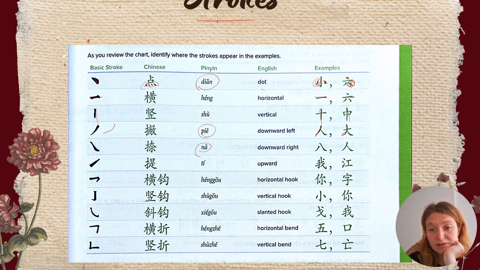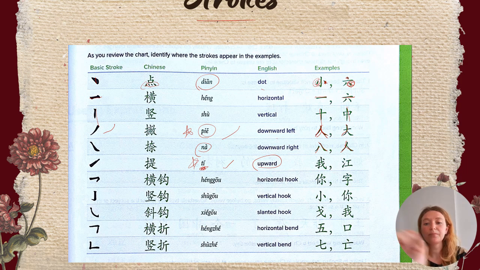So in this one, you actually have a pie, na. This one the same. Pie, na, pie, na. So downward left, downward right, upward. Now this is the other kind of awkward character, so we'll put 2 little stars next to those. So everything goes top to bottom, left to right, except for this one, which goes right to left, and this one, which goes up. So that's why those are different.